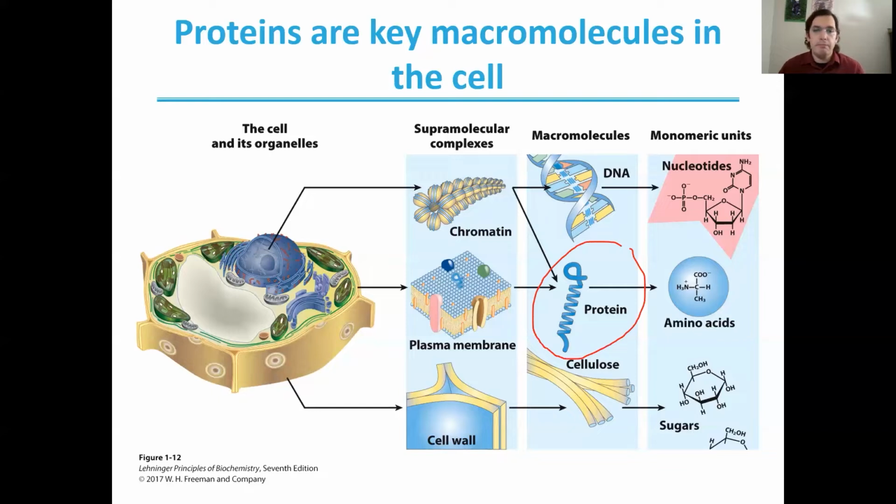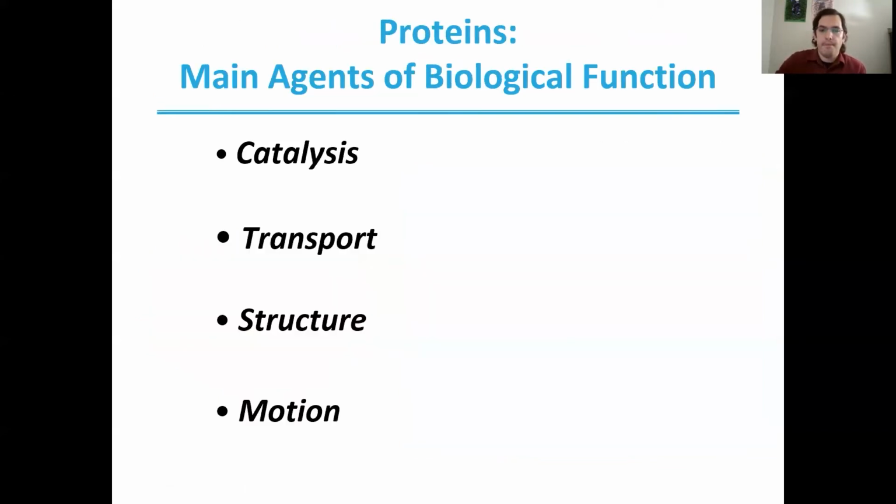They, of course, can play a structural role in helping to hold our cells together, but they also have a wide variety of different functions inside of our cells as well. So our proteins are actually one of the primary agents of our various biological functions. They're involved in things like catalyzing reactions.